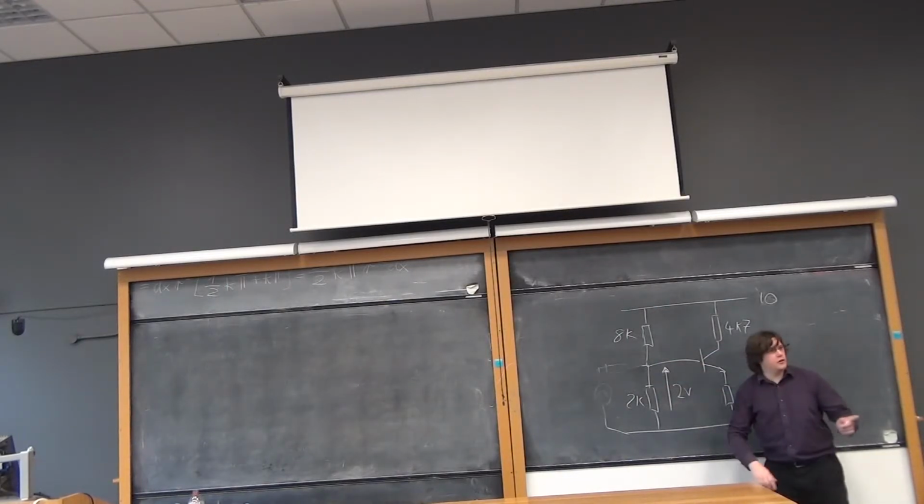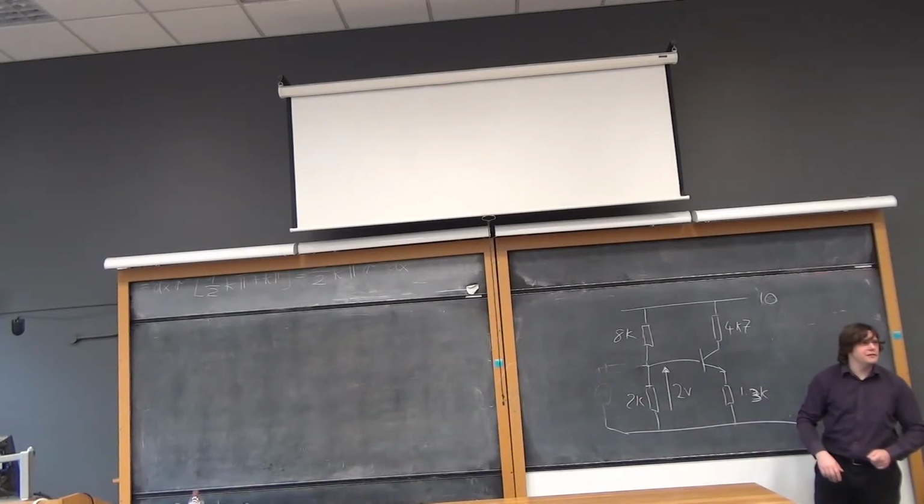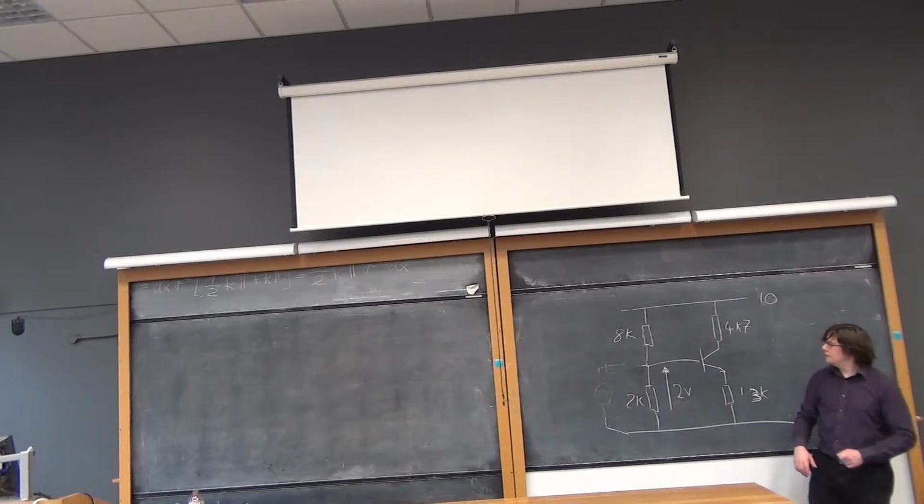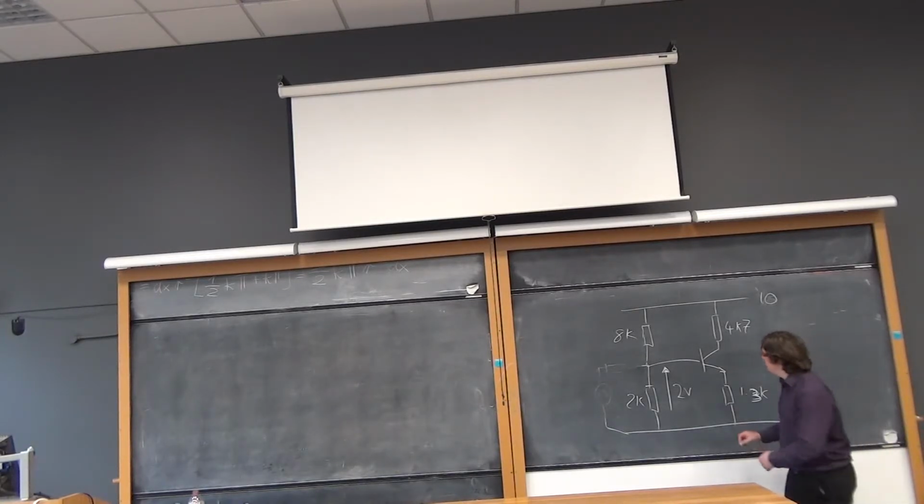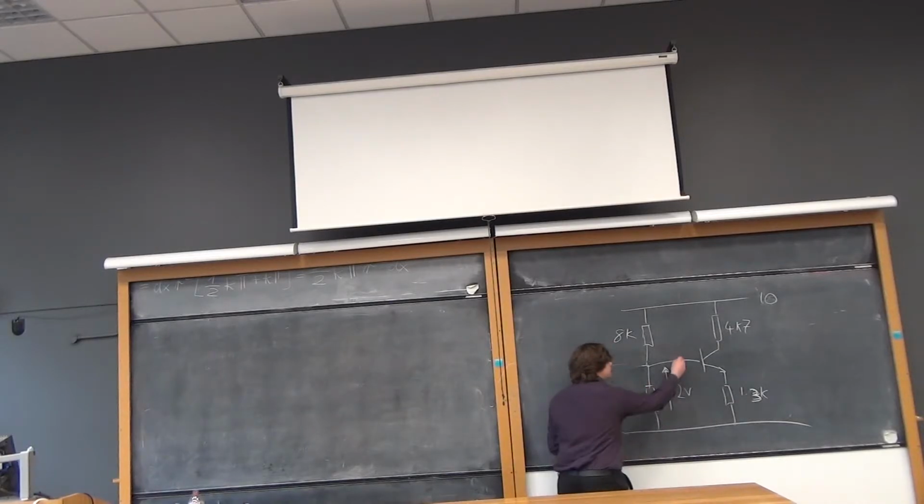Now, you are correct. There is an assumption that you made: there isn't a resistance in the form of the transistor. What we're saying here is that there is no base current.